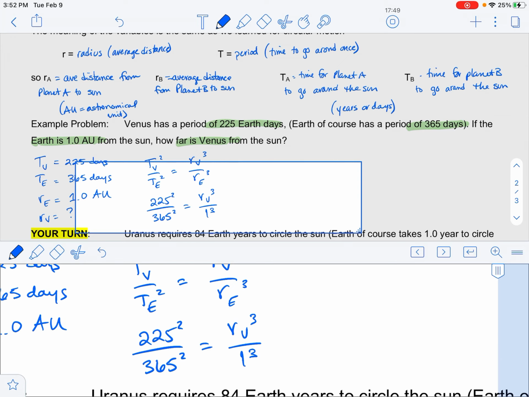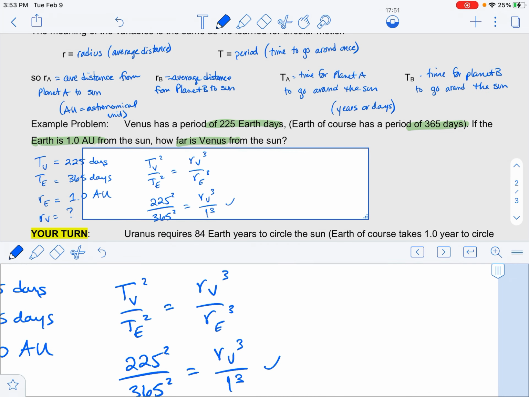Okay. So I am going to work up here since I ran out of space. So I'm going to plug this in my calculator. Now this is going to be much easier if you have a scientific or a graphing calculator. So if you have got it in the bottom of your bag somewhere, go get it. That's going to make this much easier. So if I square 225, I've got 50,625.